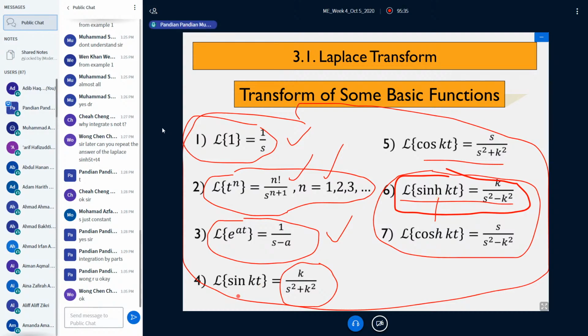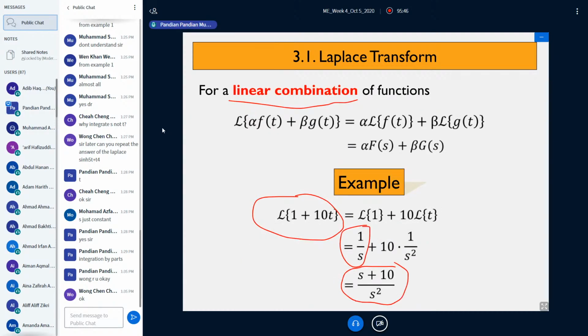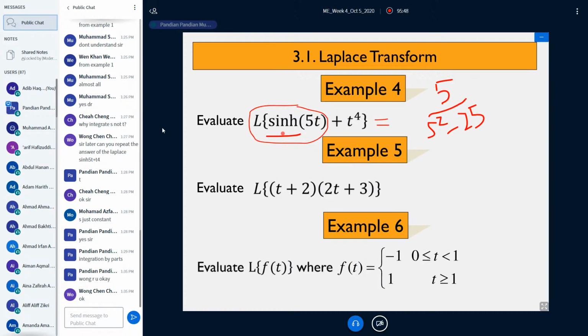You don't miss this one. This is sine, cosine, but this is different. So you already have Laplace of sinh 5t, 5 over s squared minus 25, plus Laplace of t power 4.